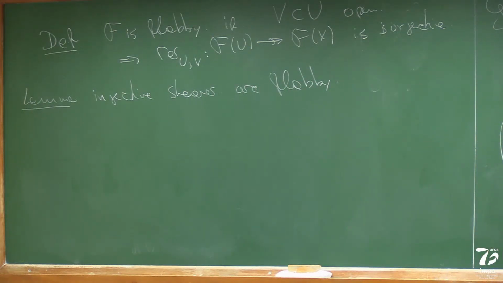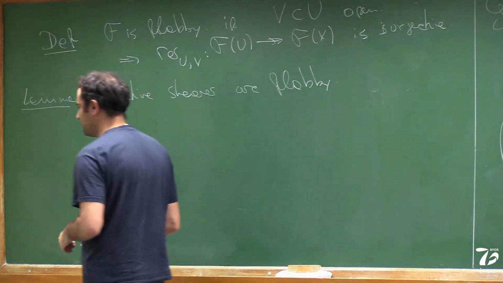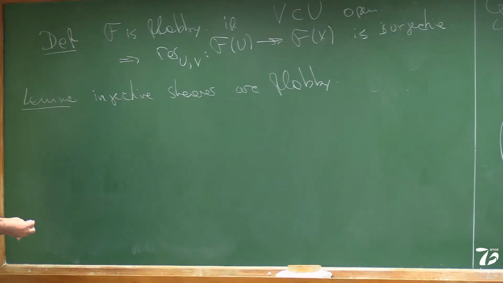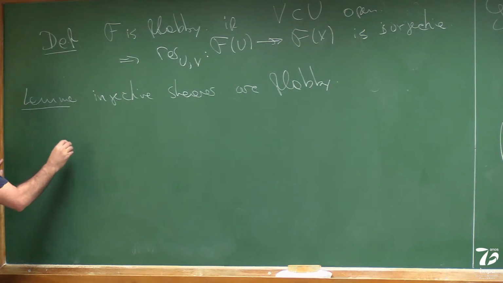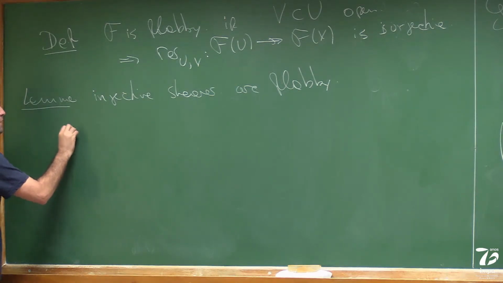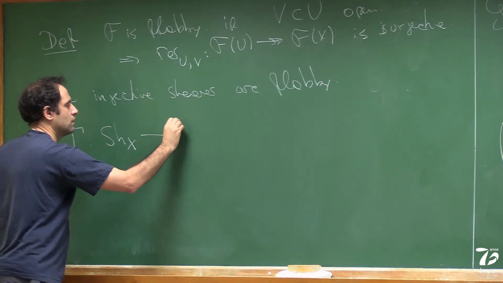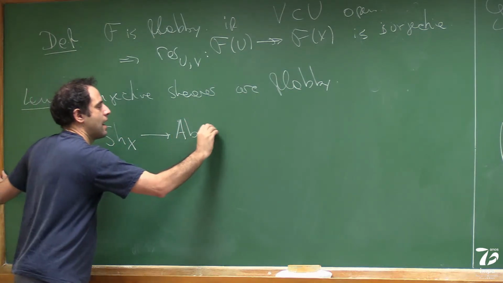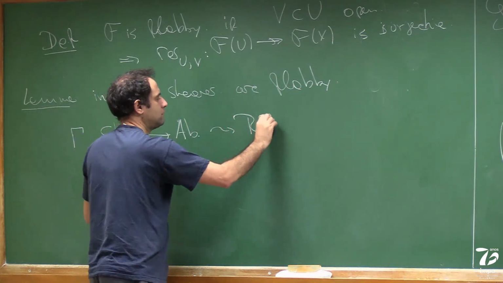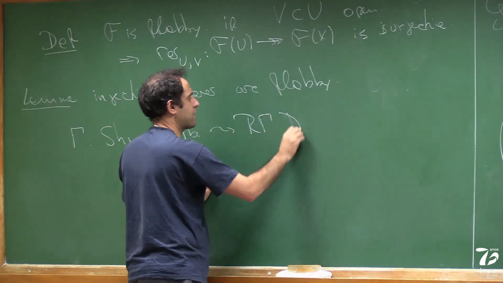So now, what did we gain by constructing injective sheaves? Remember that we have a general theory for the derived category. So we have this functor gamma that goes from sheaves on X to abelian groups, and R gamma goes from the derived category of those.